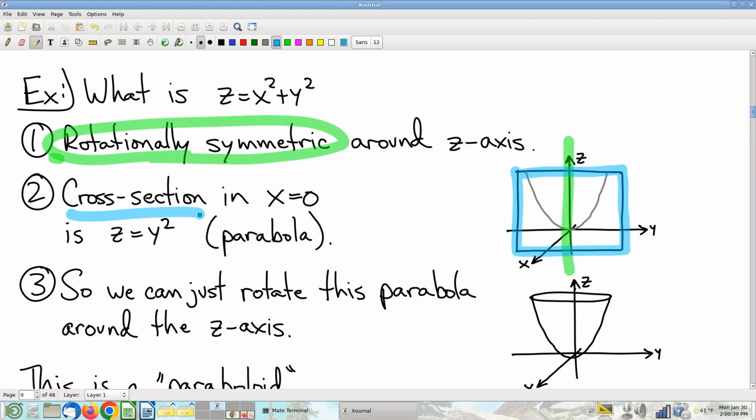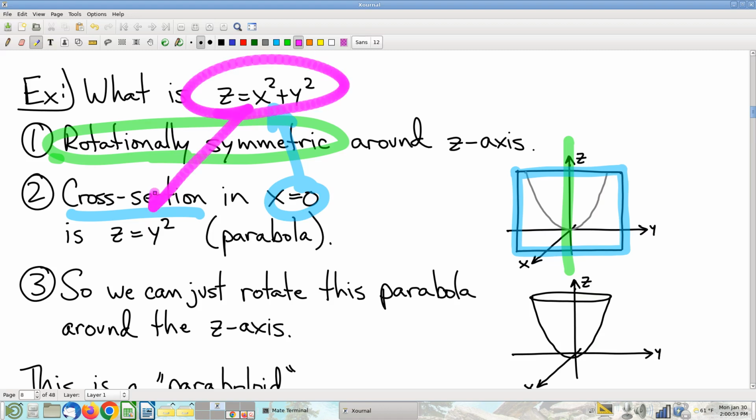Again, that's part of the deal. You have to look at cross-sections that contain your axis. In that cross-section, x is equal to 0. I can plug that right into the equation. The equation then turns into just z equals y squared, and that's just a parabola, high school algebra.